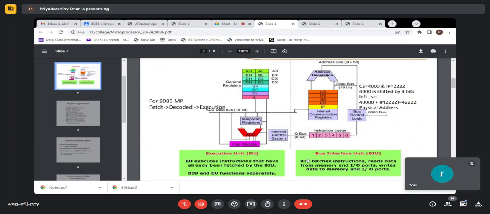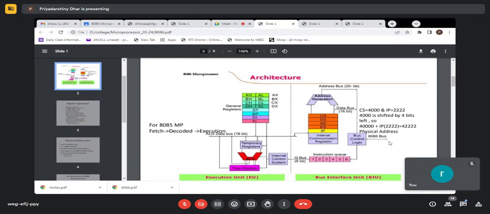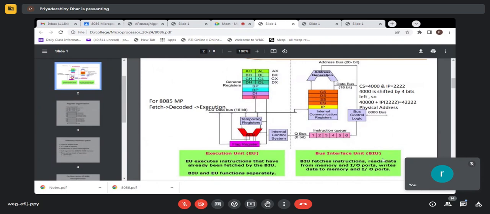First I will explain the bus interface unit. Look at this dotted line. The right hand side of the dotted line is the bus interface unit, and the left hand side is the execution unit. Clear? Any doubt?